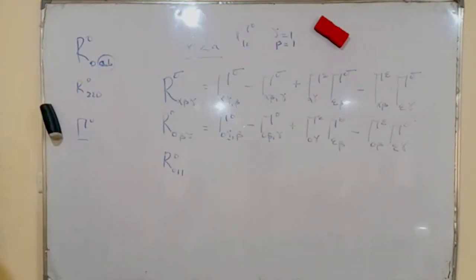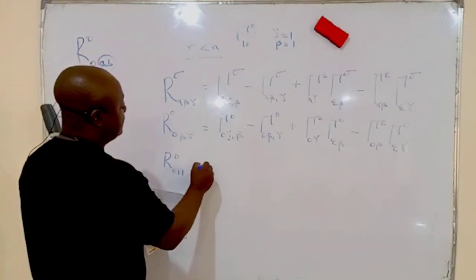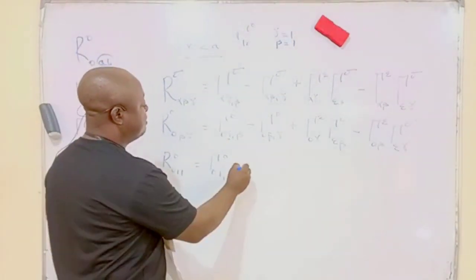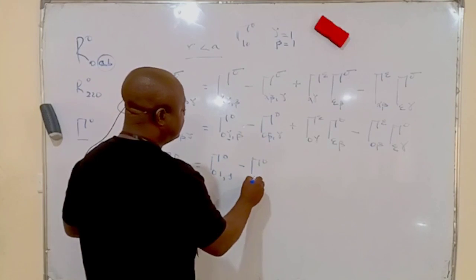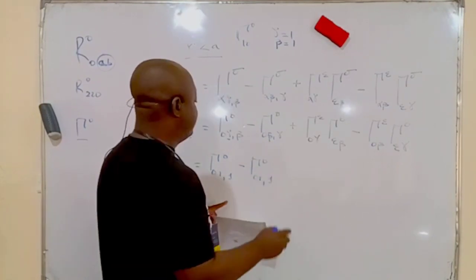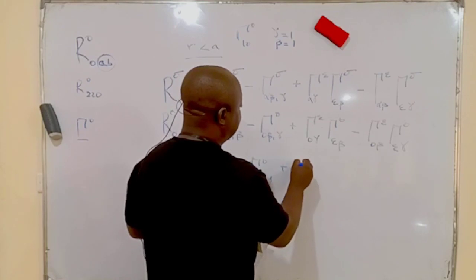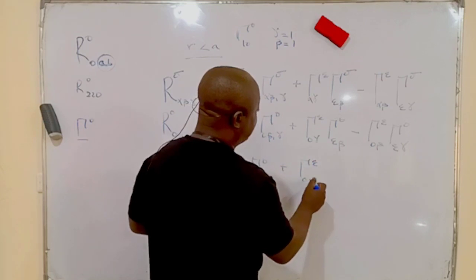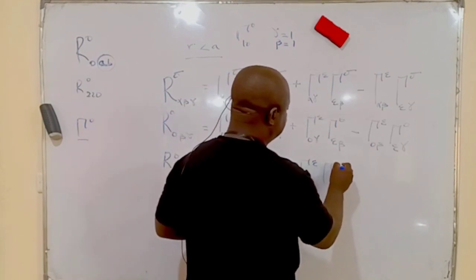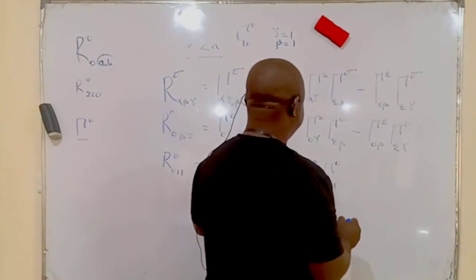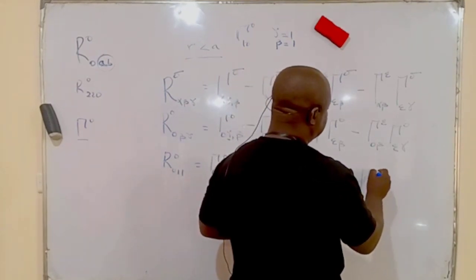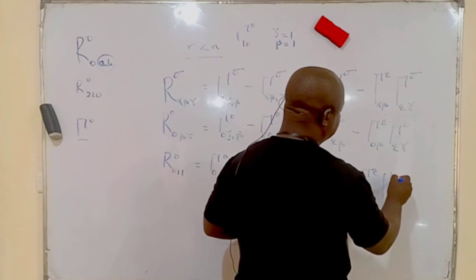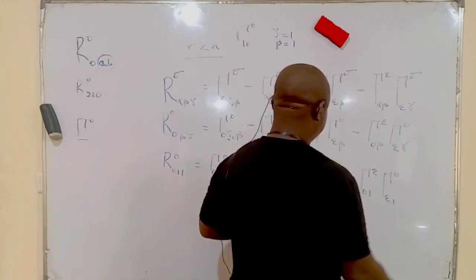Is that not? So it will now give us 0, 0, 1, comma 1 minus 0, 0, 1, comma 1 plus epsilon, gamma epsilon 0, 1, 0, epsilon 1 minus epsilon 0, 1, 0, epsilon 1.